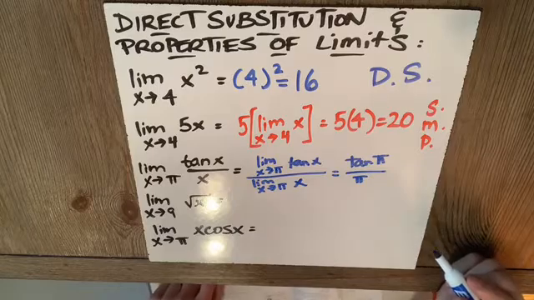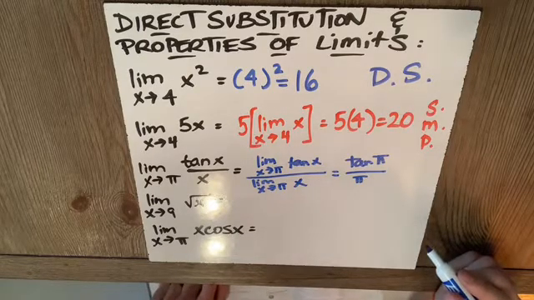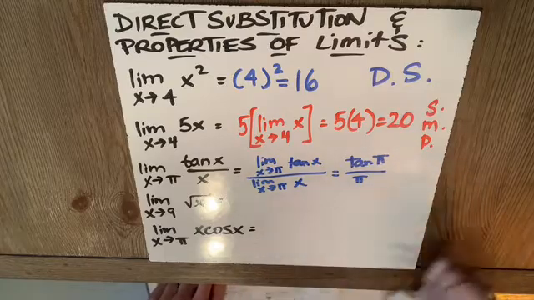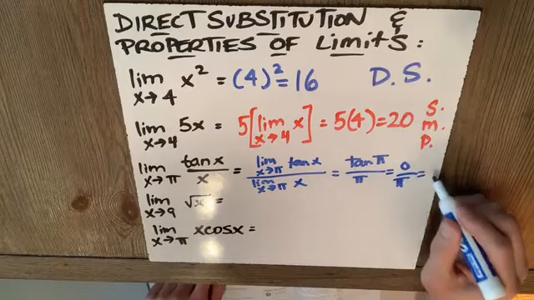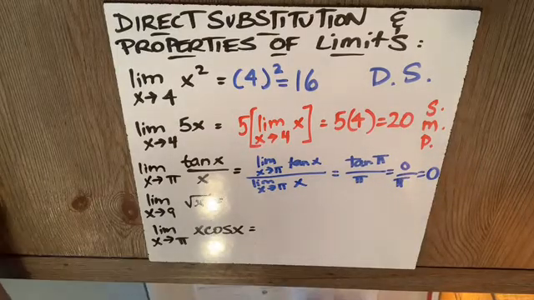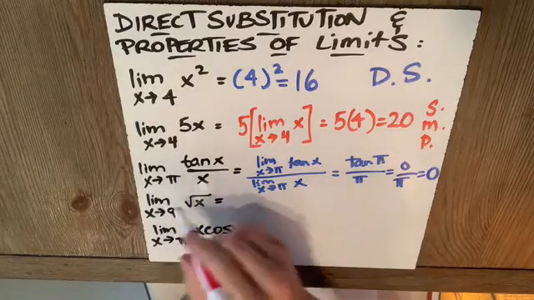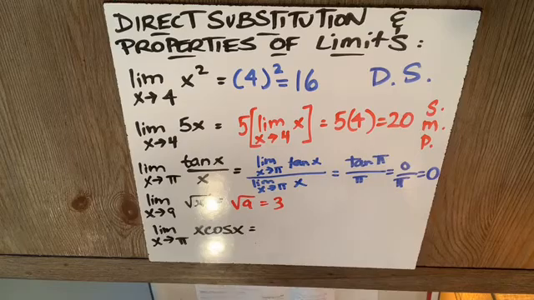Well, we know if you follow your unit circle, what happens at pi? Well, that's y over x over here, which is 0 over 1, which is 0. 0 over pi will give us 0. That's our quotient property. In our next one, again, we're using direct substitution. This becomes the square root of 9, which is 3. Isn't it great when direct substitution works out?